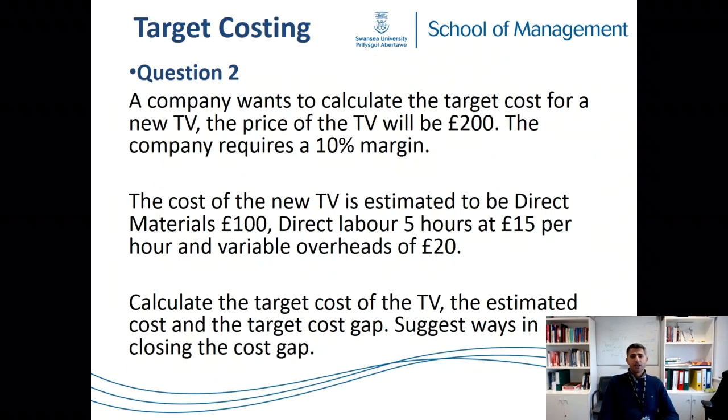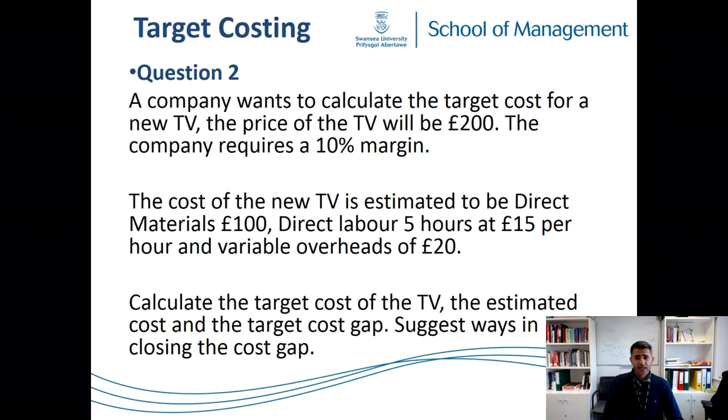Okay, let's have a look at question number 2. Again, I would like you to go and do the question on your own, and after that come back and see the answers. Let's have a look. A company wants to calculate the target cost for a new TV.